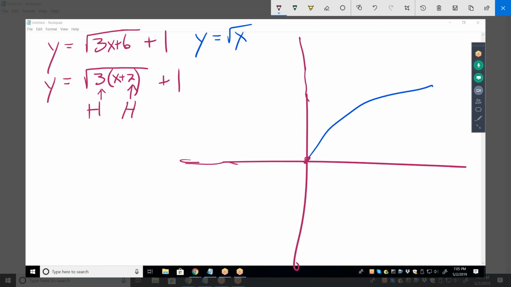Now, this first horizontal, is that a stretch or a shift? Stretch. That'd be multipliers; shifts are added or subtracted. So that's a stretch. Okay? What's the plus 2?